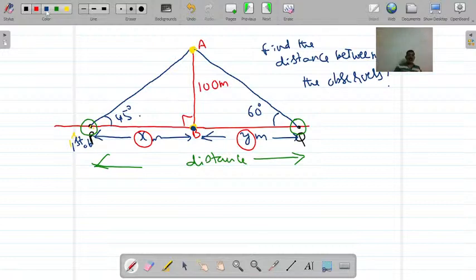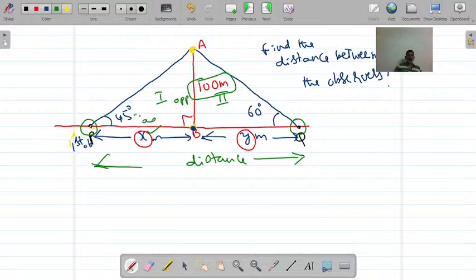Now here clearly you can see that there are two right angle triangles. This is one right angle triangle. This is the second right angle triangle. In the first right angle triangle, in terms of this angle, this is the known side and this is the unknown side. This is opposite and this is adjacent.